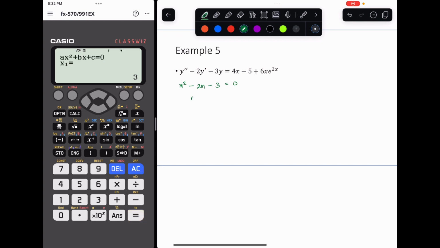So m1 is 3 and m2 is negative 1. Therefore our complementary solution is case 1, distinct roots: c1 e raised to 3x plus c2 e raised to negative x.